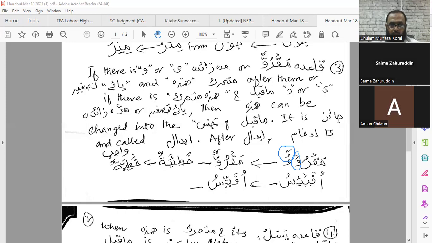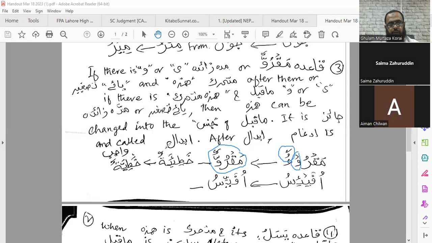In that case, now hamza would be changed into waw, so it becomes maqruwun. Waw is there sakin, and hamza would be changed into waw. Now there are two waws, they come together, so definitely there will be idgham and there will be tashdid. So the first one will be mudgham into the second one, so it will become maqruwwun. Right? Maqruwwun.